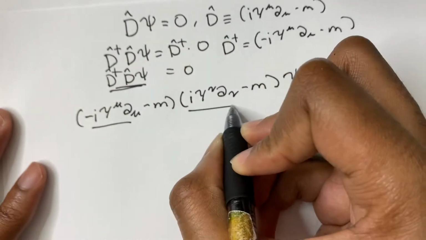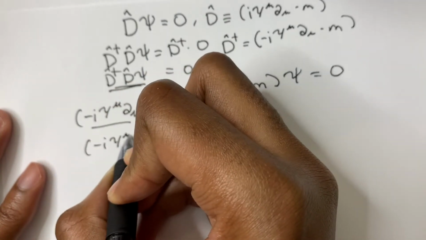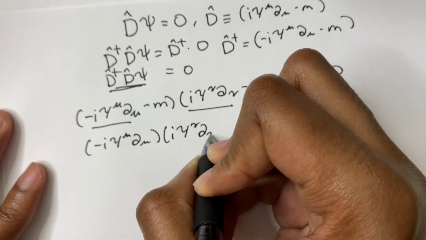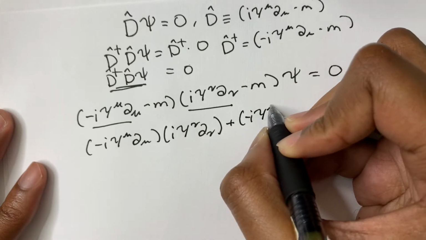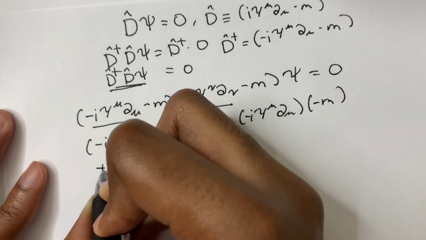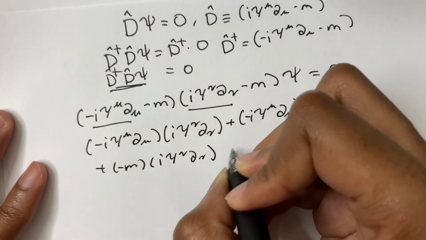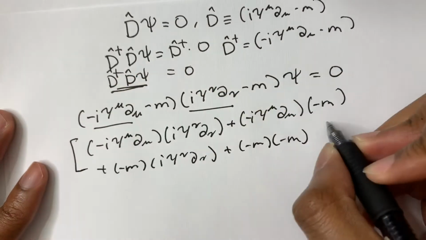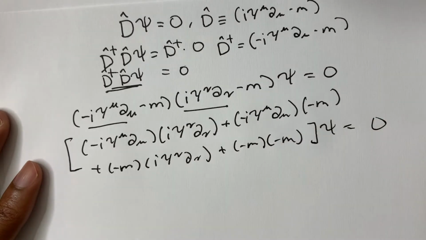So you just have to distribute these terms: firsts, then outers, inners, and then lasts. All of this times psi gives us 0. Okay, so let's simplify.